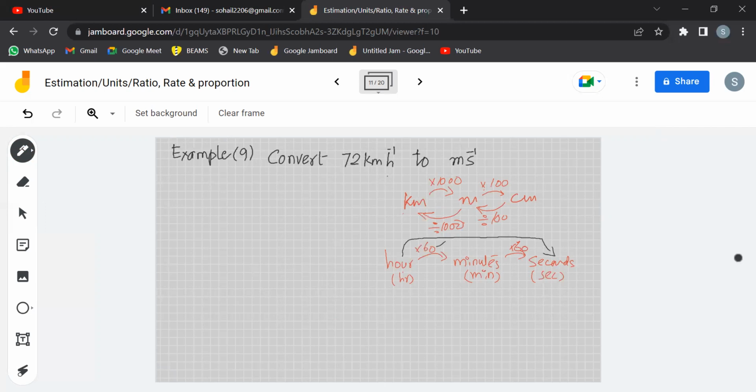So multiply by 60 times 60, which means you multiply by 3600. So from hours to seconds.